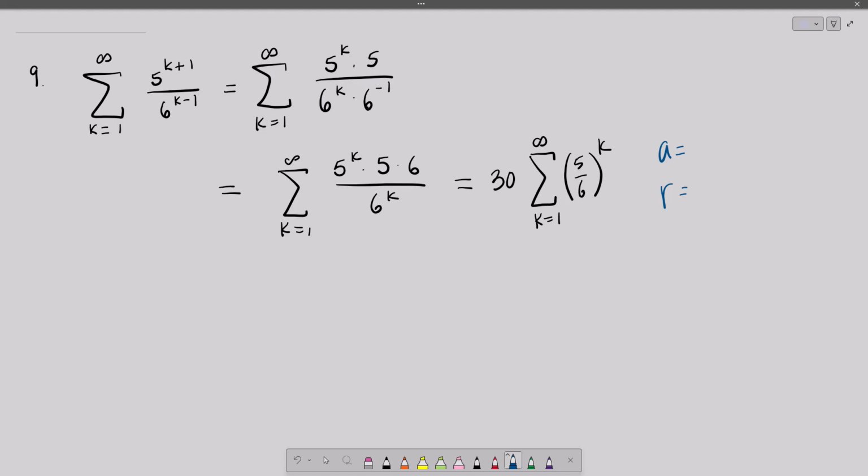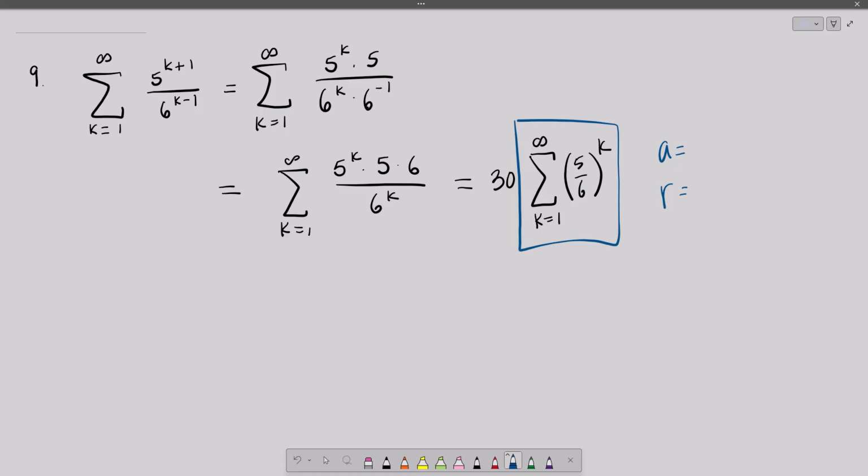And here we need to be a little thoughtful. You can treat this part separately. This is a series. And when the question says, what is the sum of the entire series, we would have to multiply by 30 in the end.